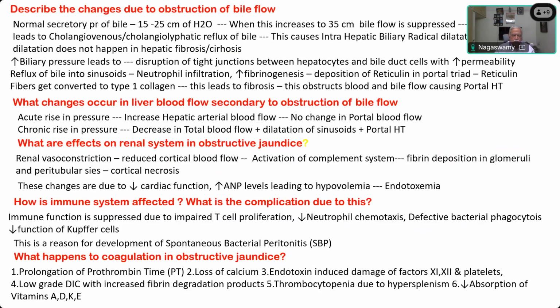You have to avoid all the drugs which cannot be eliminated by the liver and which will have a prolonged action if used. That is number one. And number two is you have to preserve the hepatic blood flow. That is the basic goal in any liver disease management, whether it is cirrhosis or jaundice, whatever be the condition.